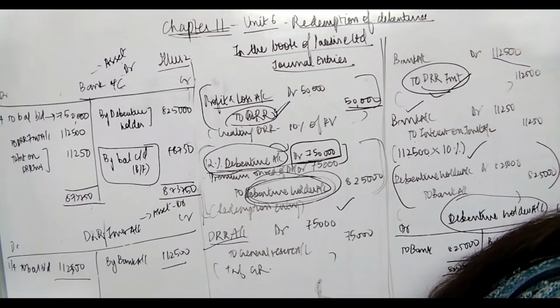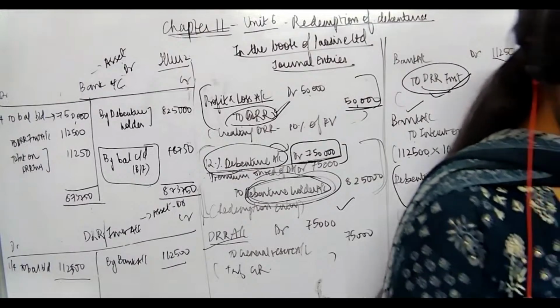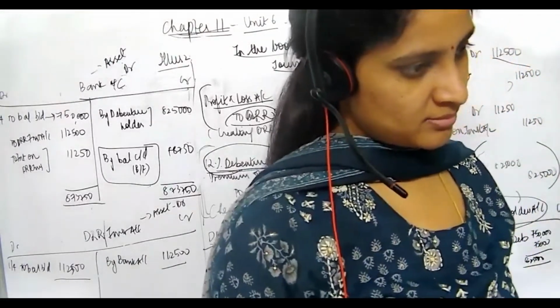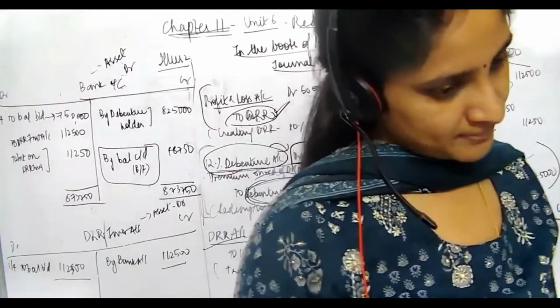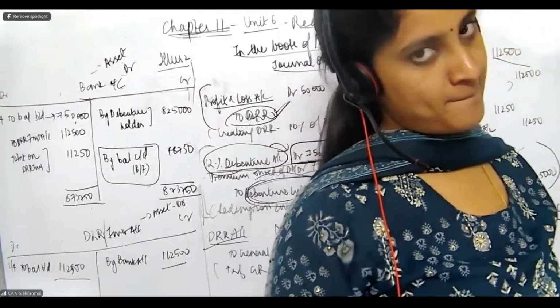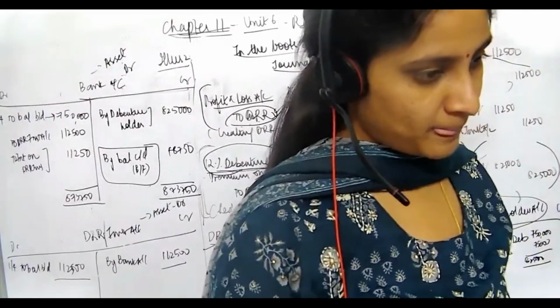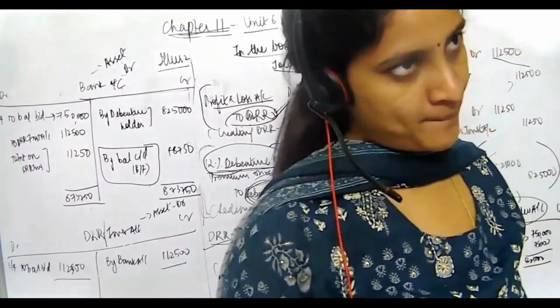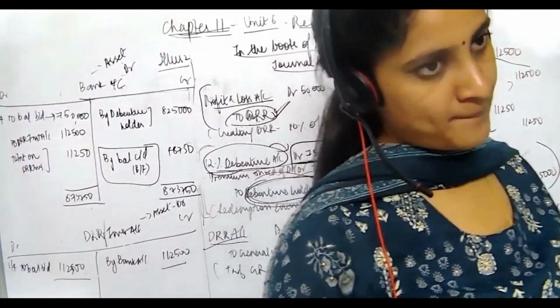Gauri? Yes, ma'am. Yeah, you tell me. You raised your hand again. Do you have a doubt? Yes, ma'am. I have a doubt on redemption of preference shares, ma'am. Illustrate practical question 1. Equity shares for redemption, 3,000 equity shares. We are issuing 2:2 bonus shares.